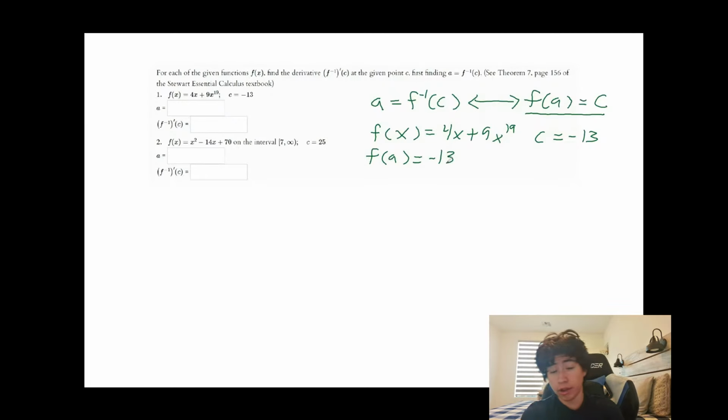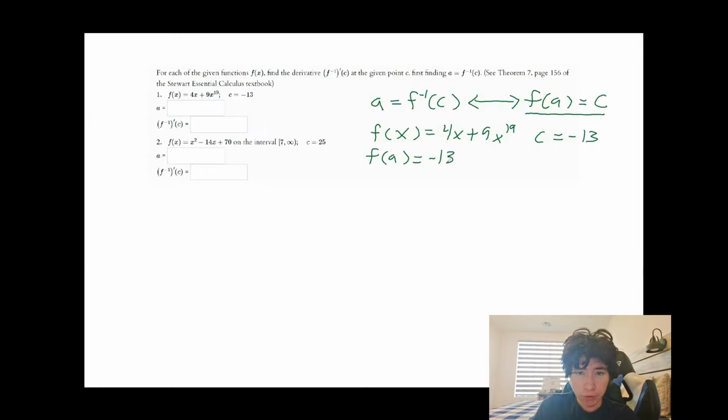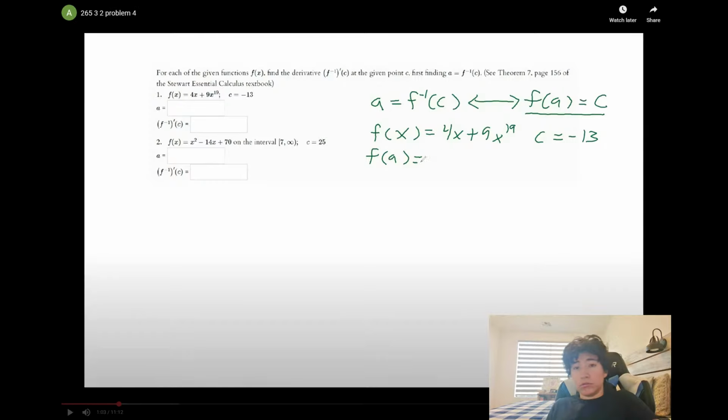That's not cap. Hold on. All right, we're gonna cross this out, but no, this is good. So f of a equals -13. That's what we need to find, right?